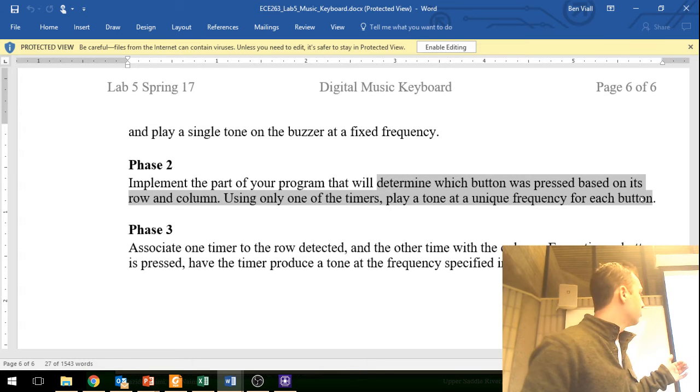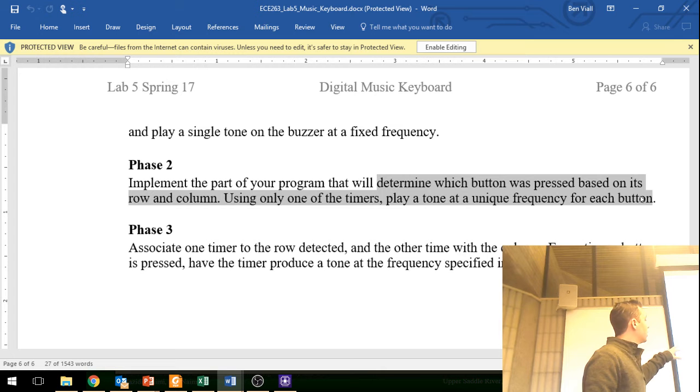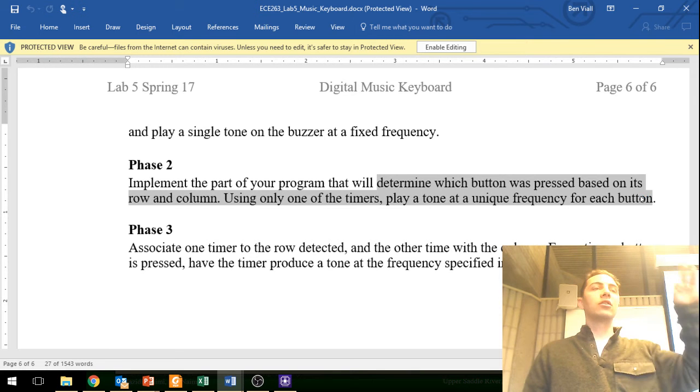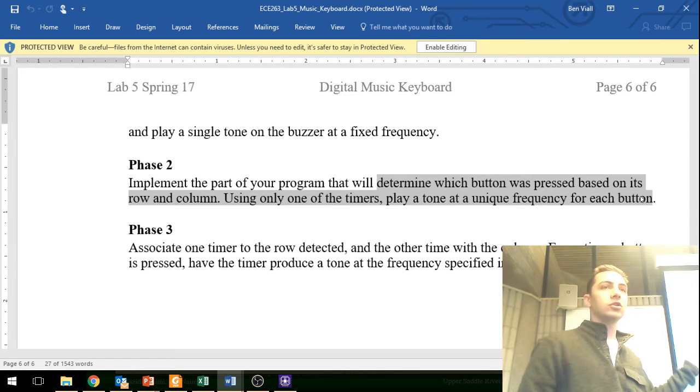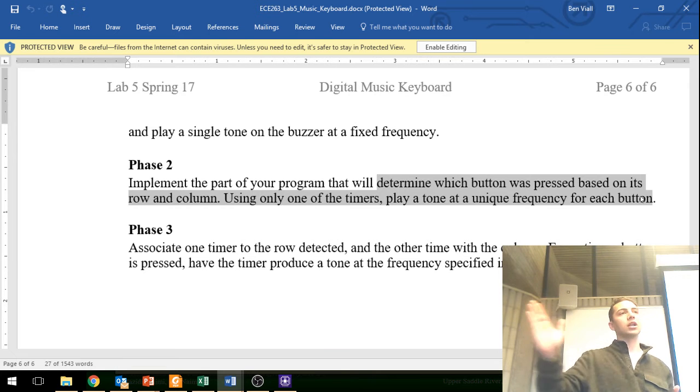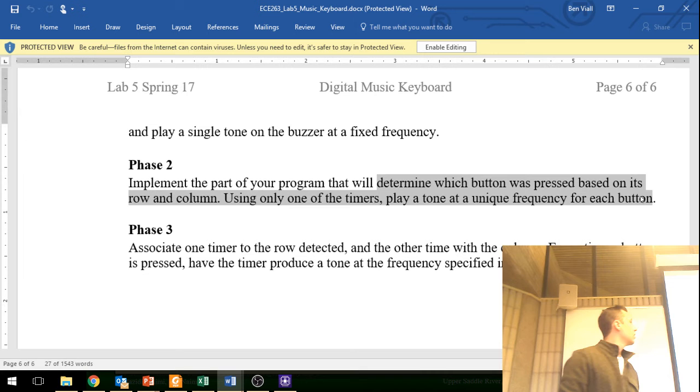I highly recommend you look at it as part of your research. That's phase 2. Okay? Only use one timer for this part. Just find the row or the column, your choice, but play one frequency. And so check all 4 columns. Do you get the right frequency for each column?